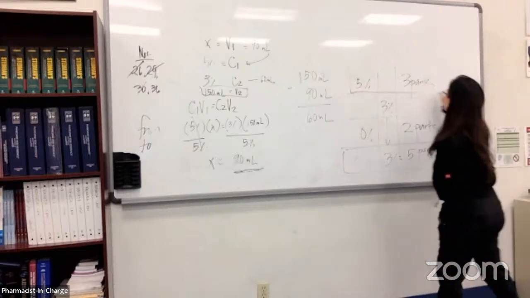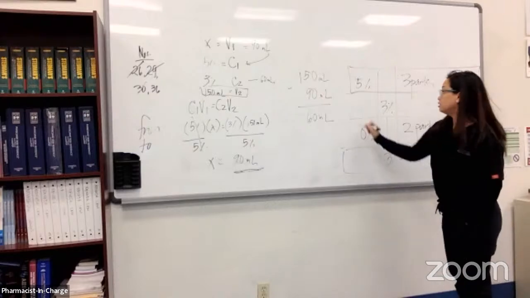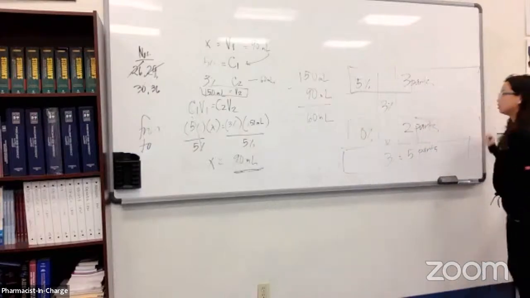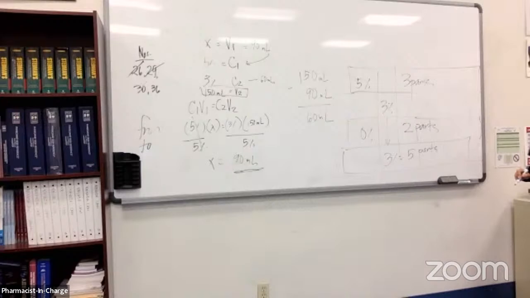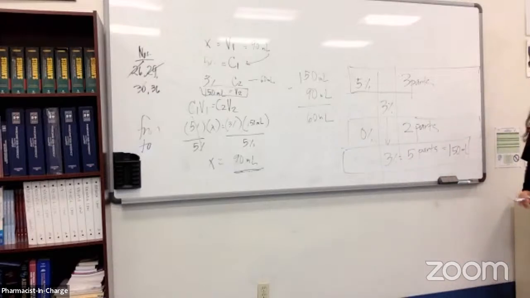And this particular row pertains to the 5%. And this particular row pertains to the 0%. There's another variable in there. What did it say? The total is 150 ml, so I should plug that in here, because it's saying in the problem that the final should be 3%, total 150 ml.